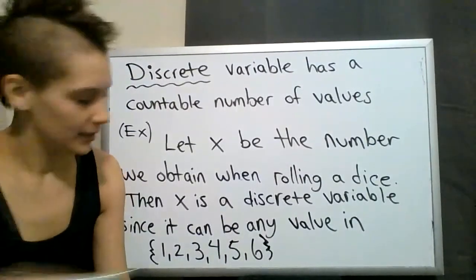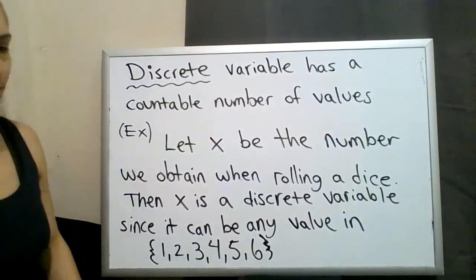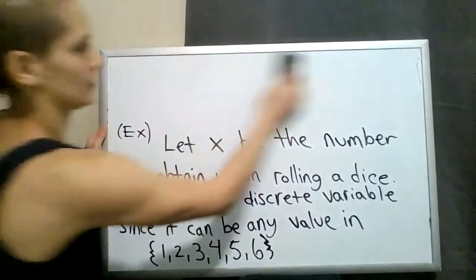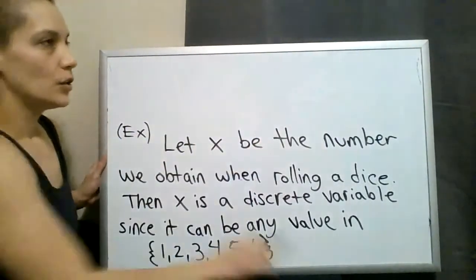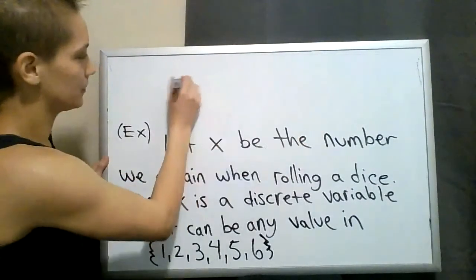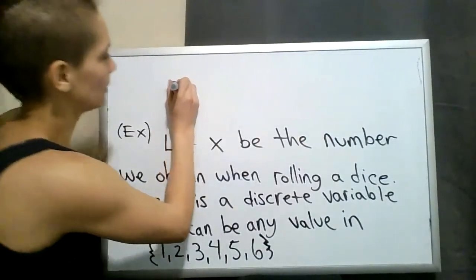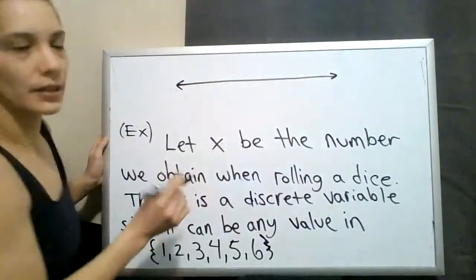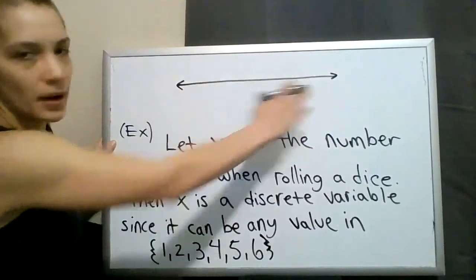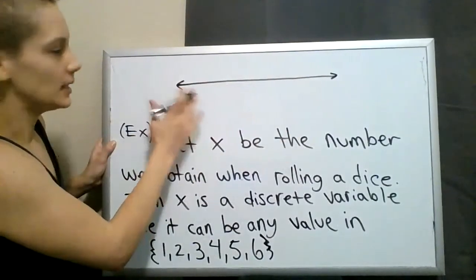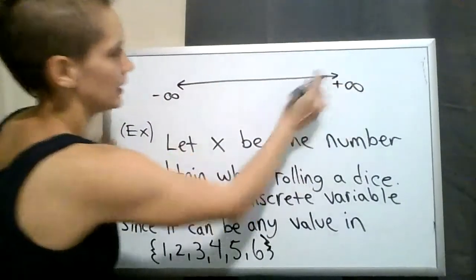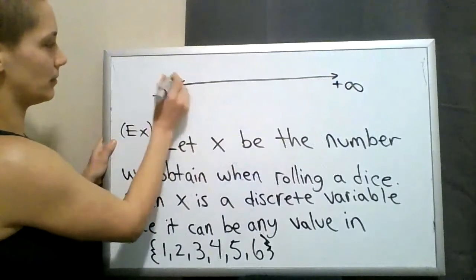And I drew a graph. So when I draw this line with arrows on it, which we'll start working with a lot in this class, this is for every possible real number. So this is going to negative infinity over to positive infinity. And these are all possible values for x.